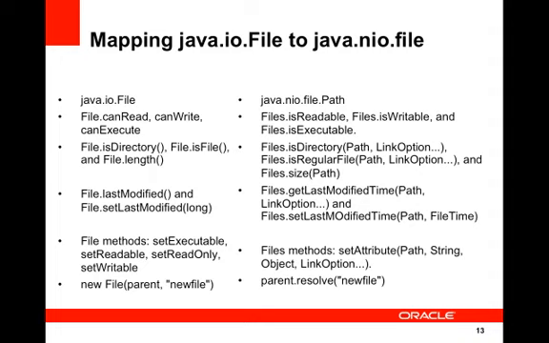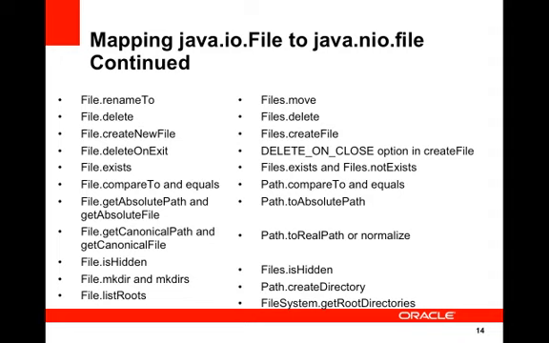We're going to be passing in a path here as well. File methods like setExecutable, setReadable, setReadOnly, setWritable. We have the Files method setAttribute with path, string, LinkOption. And then finally, new File(parent, newFile). Instead, we're just going to do parent.resolve(newFile).